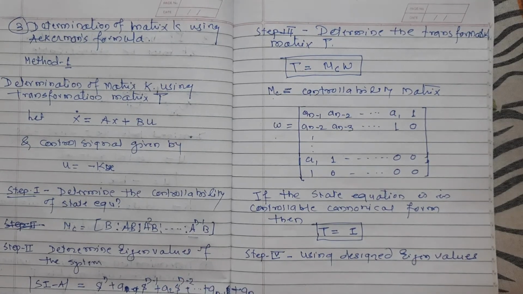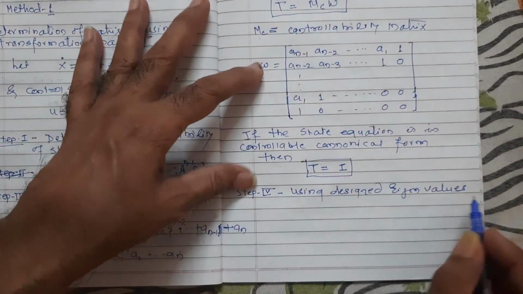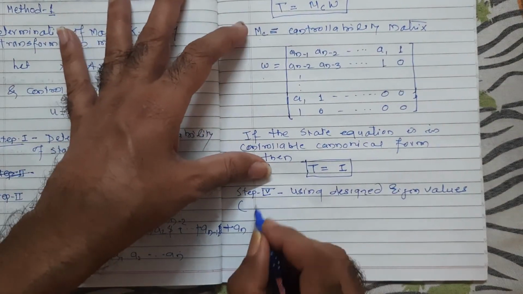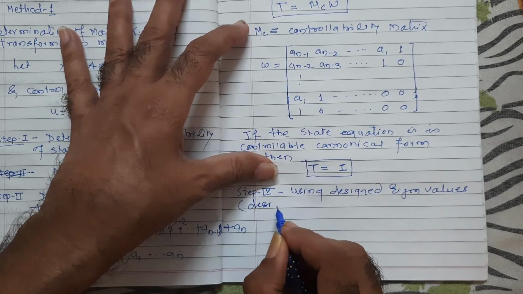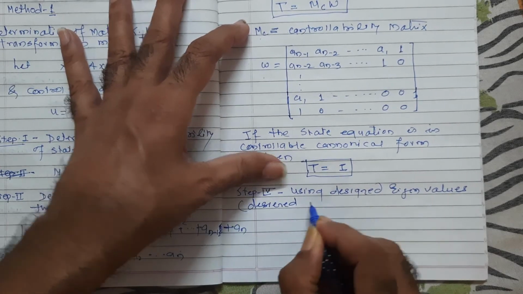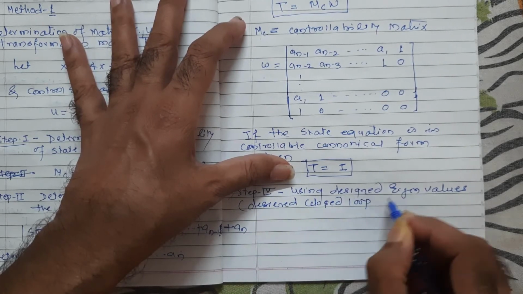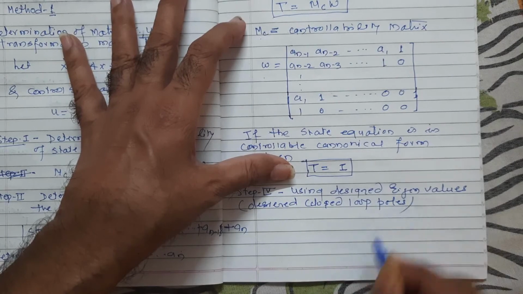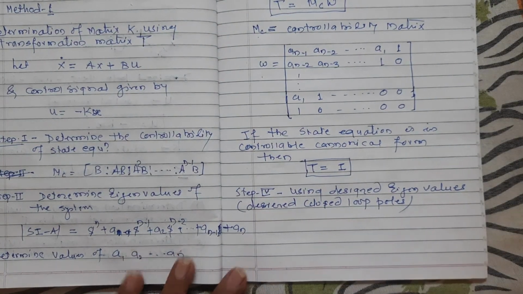Eigenvalues are also called closed loop poles. Using desired eigenvalues or desired closed loop poles.